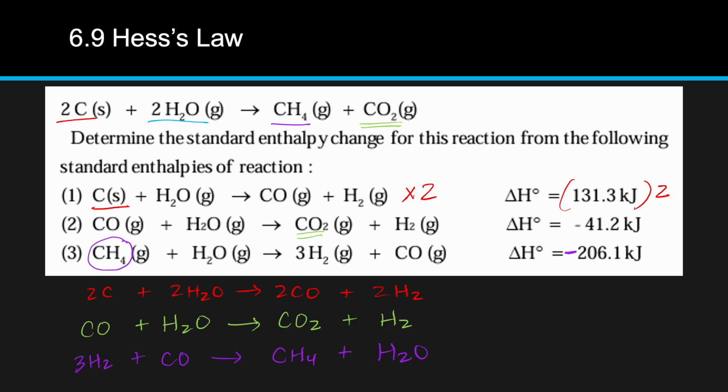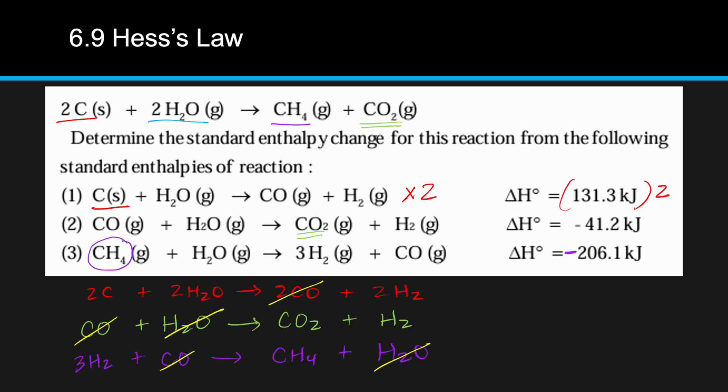So looking at our 3 equations here, I can see that my carbon monoxide is gone. So I have 2 carbon monoxides on the right. I have 2 carbon monoxides on the left. For my waters, I have 2 waters as reactants in the first equation, but I also have a water as a reactant and a product in the bottom 2 equations.